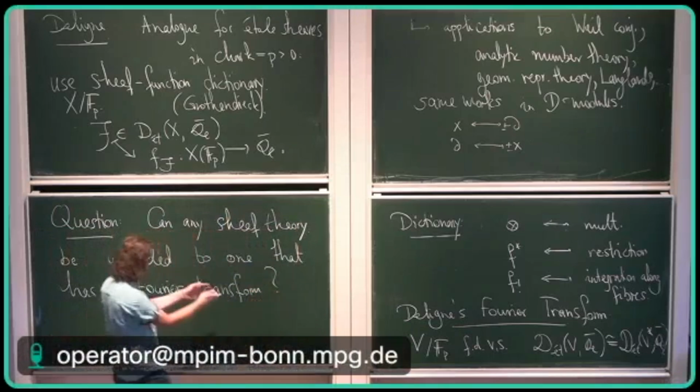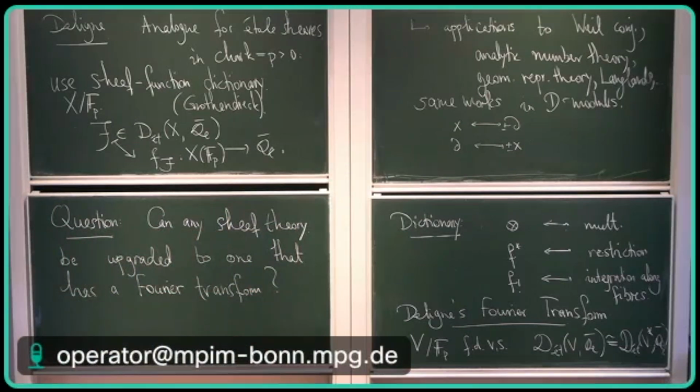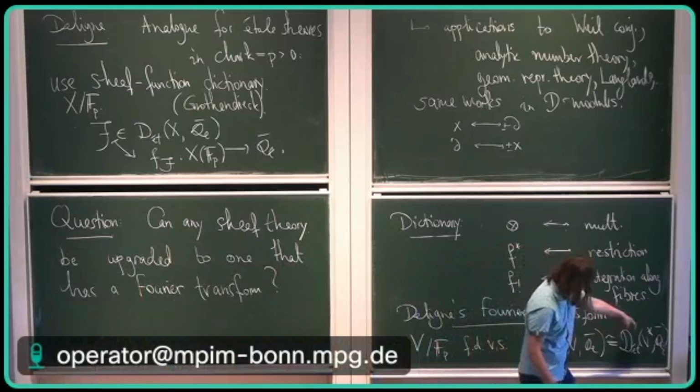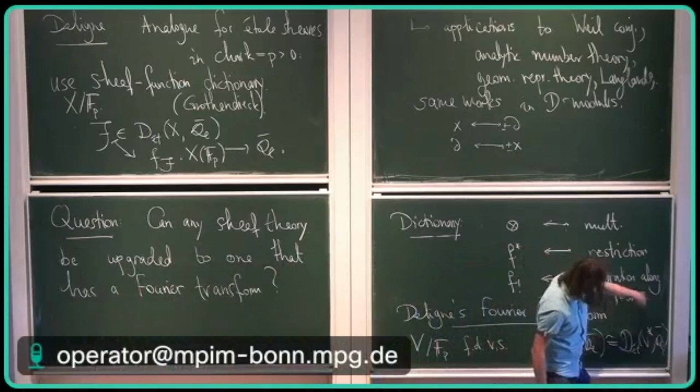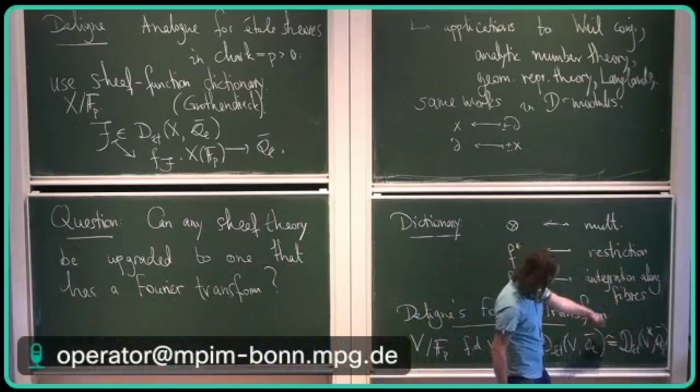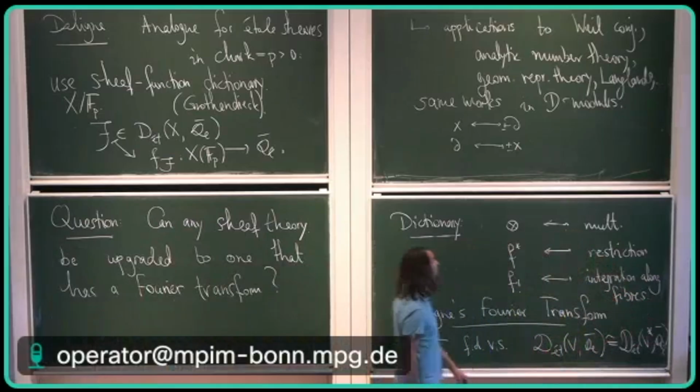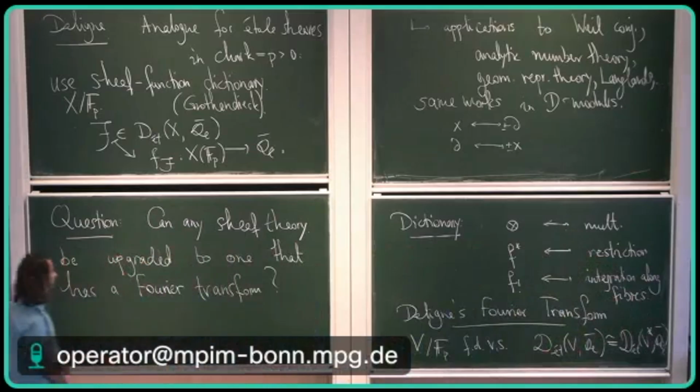And in particular, must have a non-trivial local system on A1. So maybe I should say that if you just take a skyscraper sheaf at any point of V here, then the properties of this correspondence tell you that you must get a local system on V dual. And if you didn't pick 0 here, then it must be a non-trivial local system on V dual. So if you have such a Fourier equivalence, you must have these non-trivial local systems on a vector space, in particular on A1.